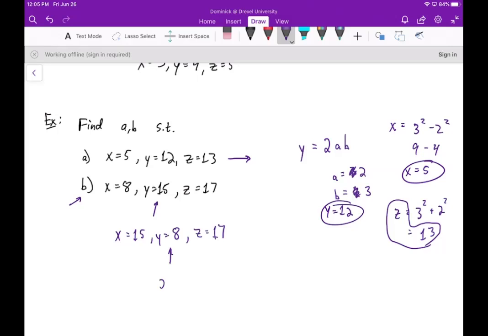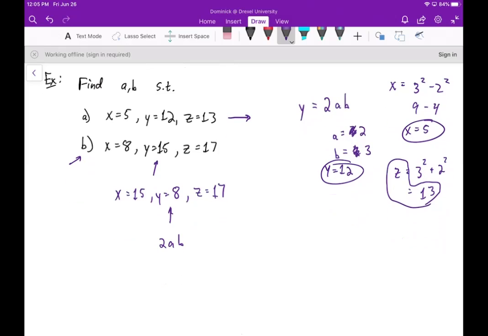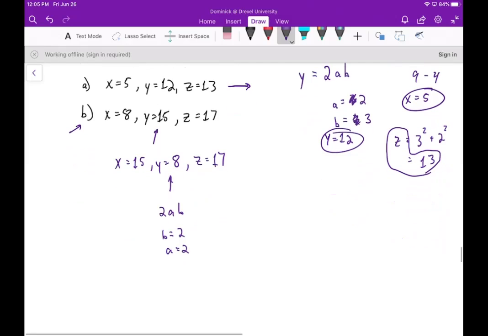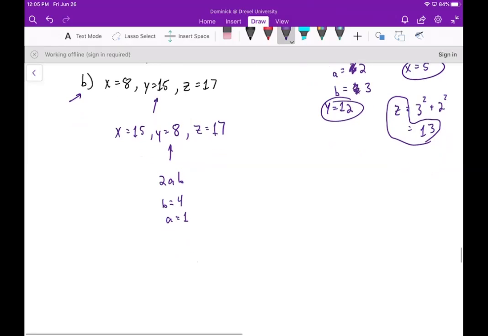So if we have 2ab, let's see if it will work if they're both 2. Right, and of course the answer is no, because 2 squared minus 2 squared would be 0. All right, so we can't use 2 and 2. So what we could do is maybe do a 4 and a 1.